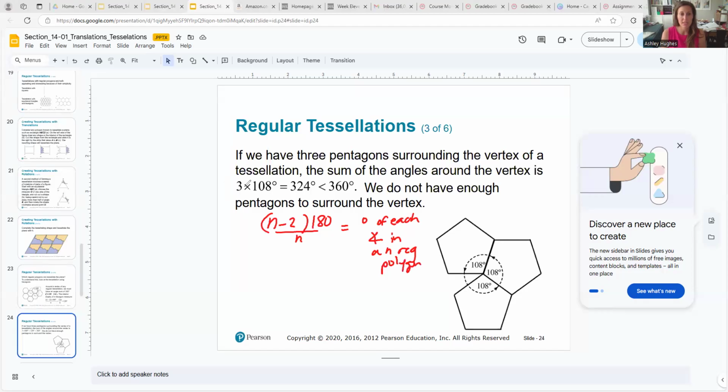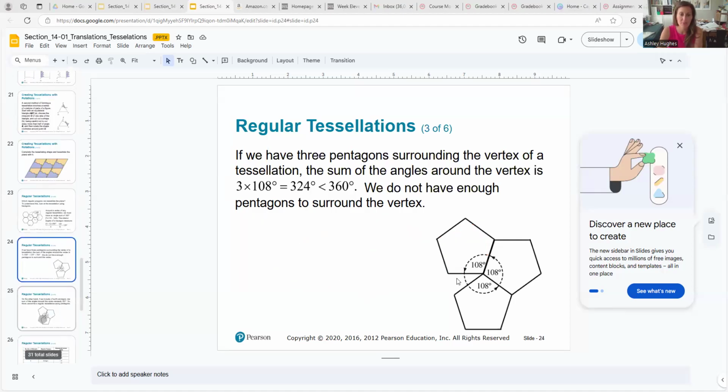So what they did is they took 3, because n minus 2 is 3, times 180 divided by 5, and that gives you 108. That's the measurement of each of these 5 angles in a regular pentagon. Regular means that they're the same angle, same side length. And all 3 of those together do not add up to 360, so it won't tessellate perfectly.